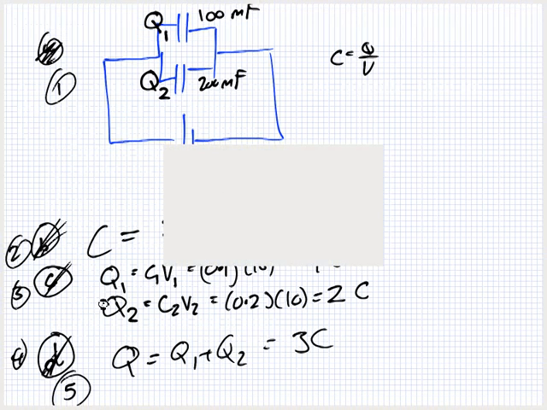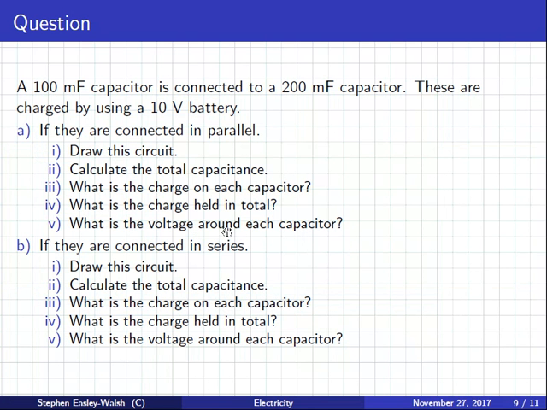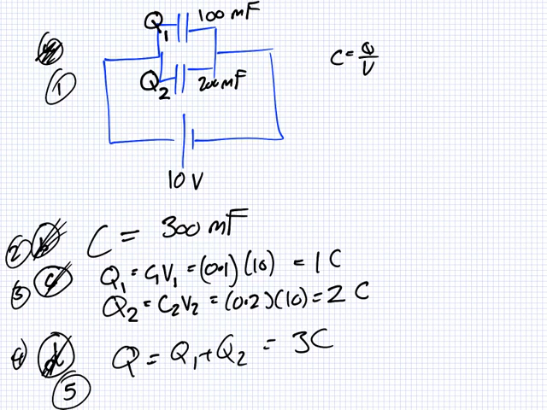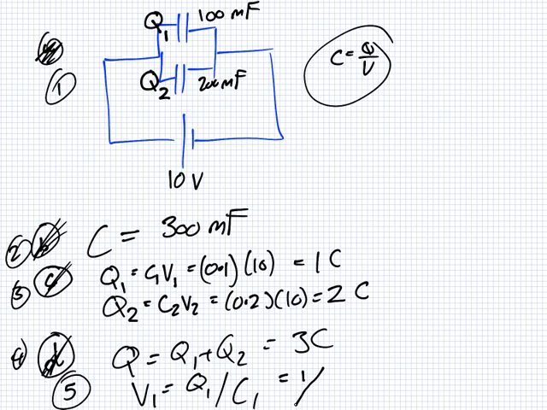Part 5. What is the voltage on each capacitor? That's funny, I should have asked you that earlier. It's 10. But if you want, you can use this formula to check the answer. V1 equals Q1 over C1, which will be 1 over 0.1, which is 10.